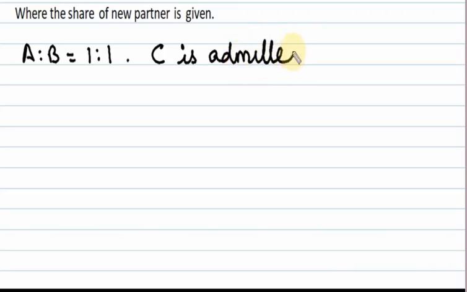The first case is where the share of new partner is given. Suppose we are given that A and B were sharing profits equally and they admitted a new partner named C for 1/3 share in profit.